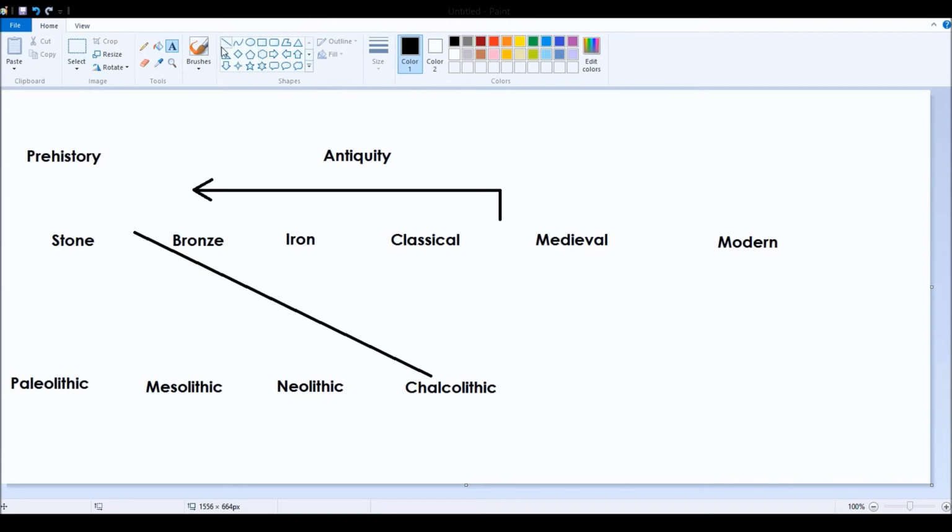And these three ages really, the real difference between them is the kinds of technology used. Now, Neolithic, you start having cities being built and big monuments and stuff.